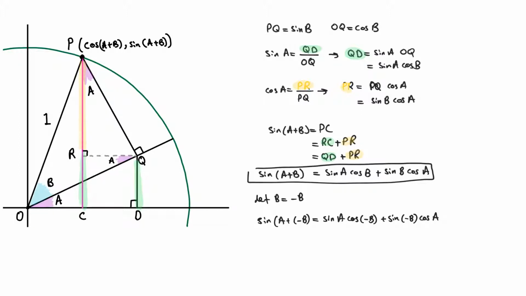So therefore, I forgot a bracket there, sine of a minus b is equal to sine of a cosine of b, and since sine of negative b is negative sine b, this would be our identity.